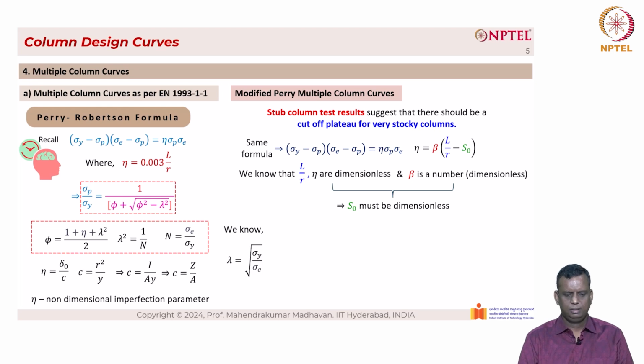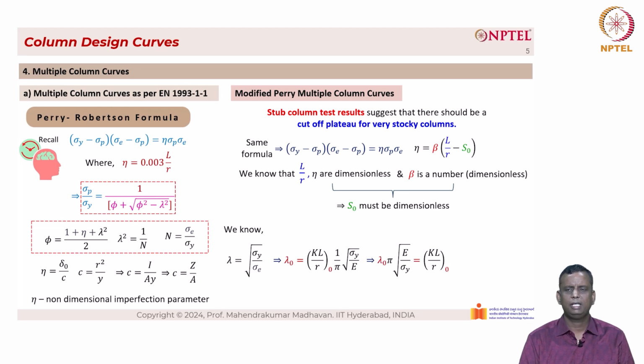We know that lambda equal to root of sigma y by sigma e, which implies lambda naught equal to kl by r naught into 1 by pi into root of sigma y by e. So we simplify this further. Lambda naught into pi into root of e by sigma y is equal to kl by r naught. So this becomes S naught is equal to lambda naught into pi into root of e by sigma y.